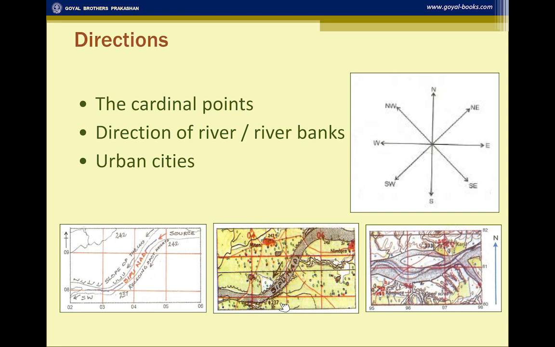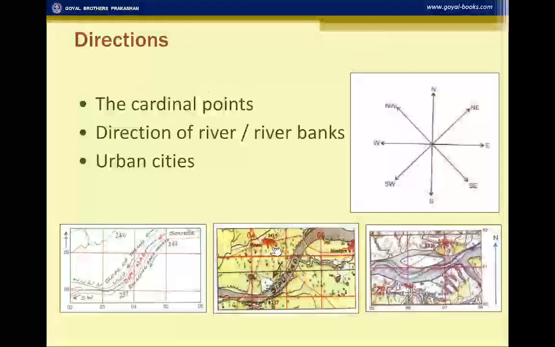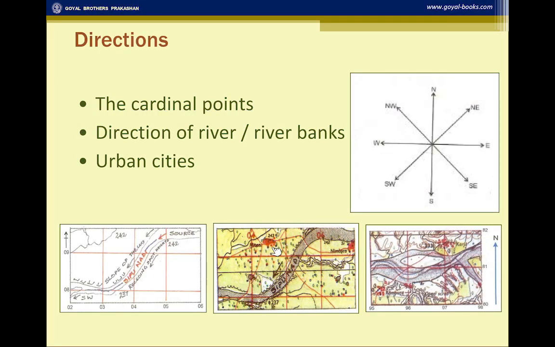If you stand here facing the river, your right is right and your left is left. Hence, Mitan settlement is situated on the right bank of the Sipu Nadi. This is how you have to calculate or find out the location of the Mitan village.